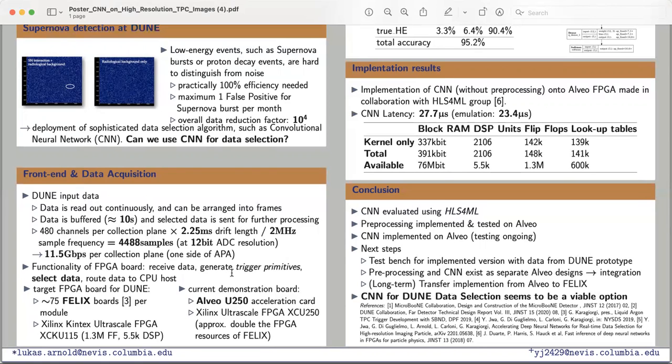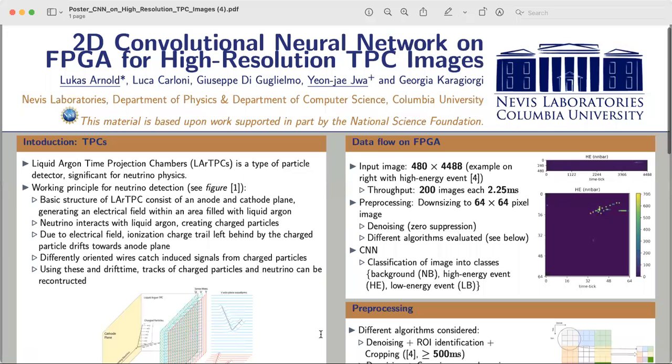The front-end electronics that we use to read out the data are so-called FELIX boards, which are dedicated data acquisition boards for particle physics that employ a Xilinx Kintex UltraScale FPGA. However, for our present demonstration purposes, we use a Xilinx Alveo U250 acceleration card that has an FPGA that is similar, with approximately double the resources of those used for FELIX.